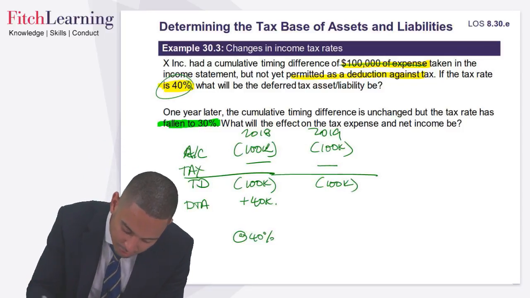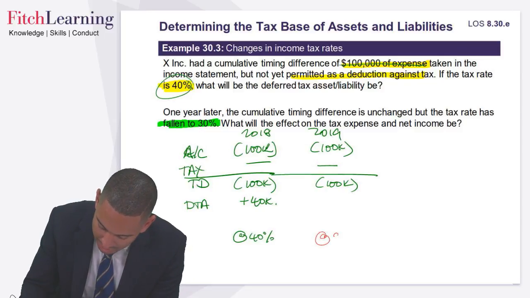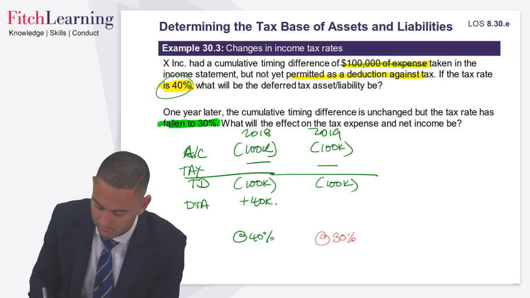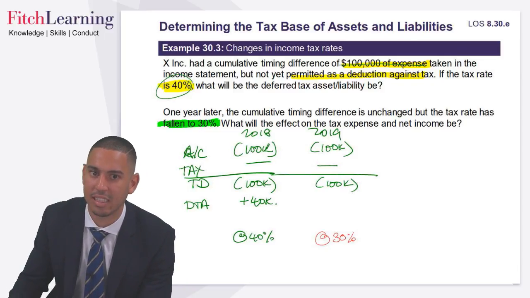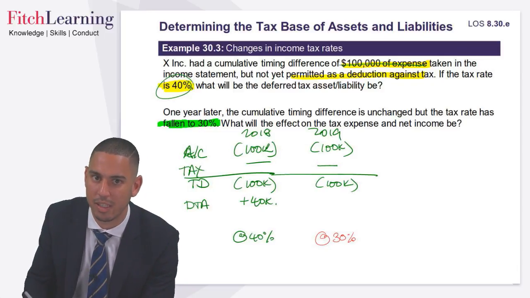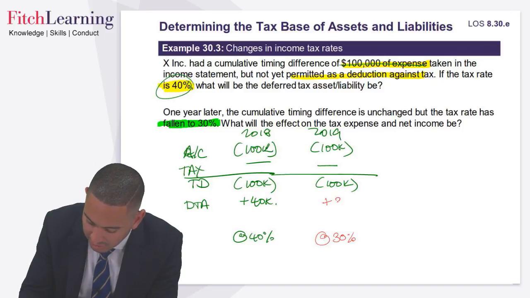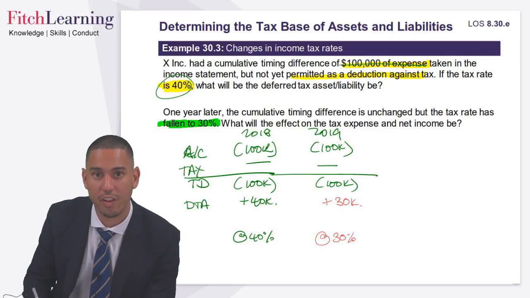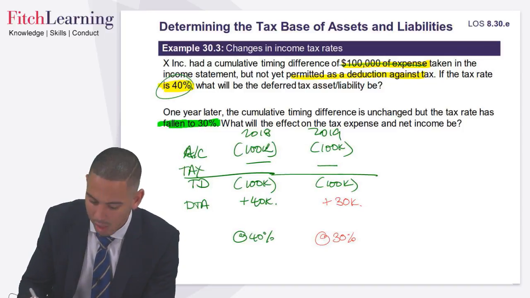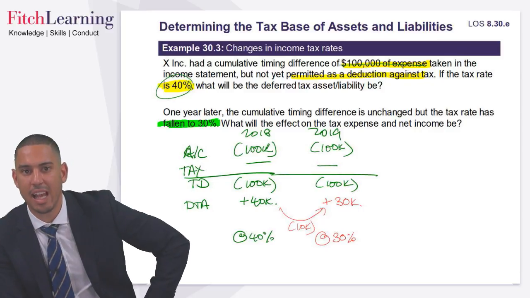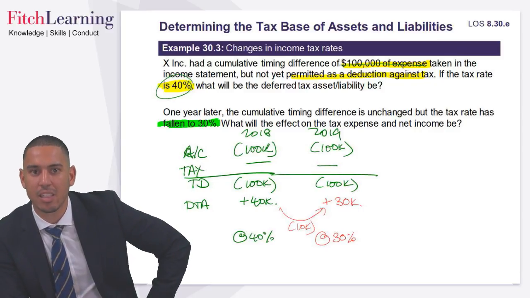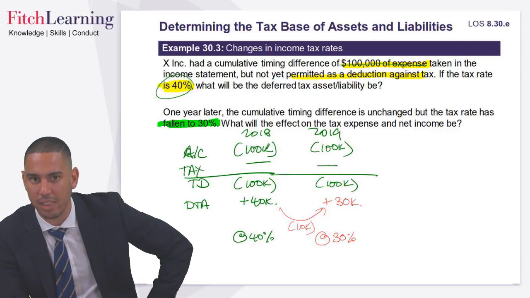But my tax rate has dropped to 30%. Well, my deferred tax asset is going to be 30% of the timing difference. So my deferred tax asset should now only be 30k, which is a fall in asset value of 10k. And that is going to be charged as an expense to my income statement.